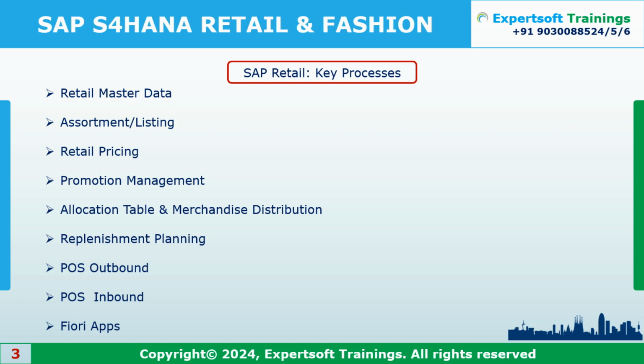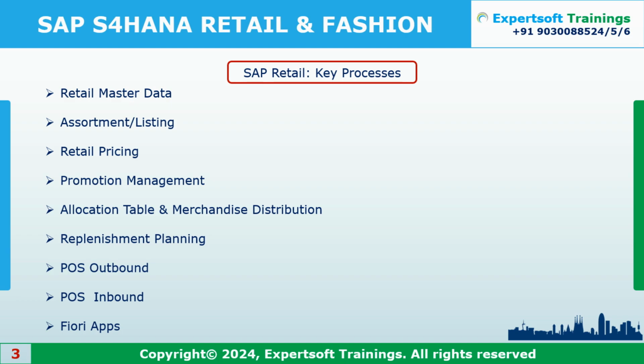And then there is a reverse process known as POS inbound, where the transactional sales data from the point of sale system, like the product sold, the value sold, the quantity sold, all these will be transferred back to the S4 system, so that the inventory is updated in the S4 retail system, and the sales values and tax are updated in the revenue account and the tax account. Okay. So these are POS outbound and POS inbound.